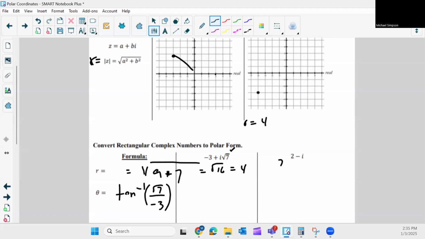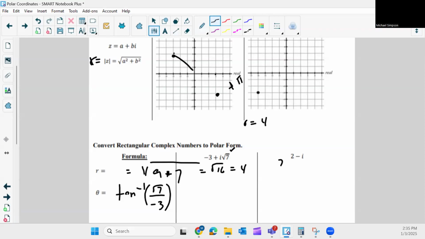That's the angle. But remember, this is a negative number now, so it's going to put you down here in the fourth quadrant. But my angle is up here. So we know we're going to add pi. Just make sure you understand that concept.